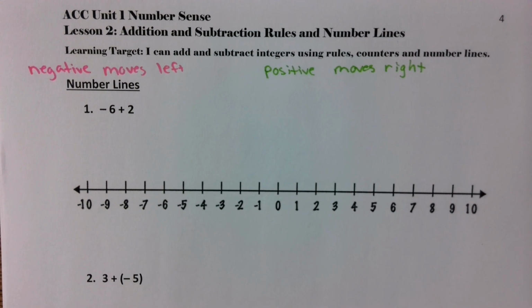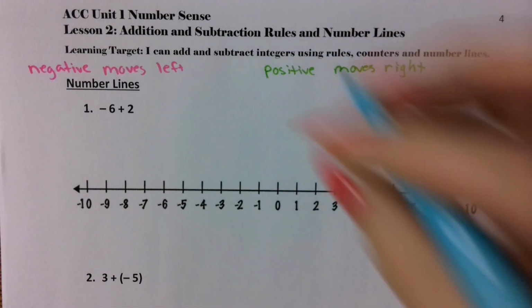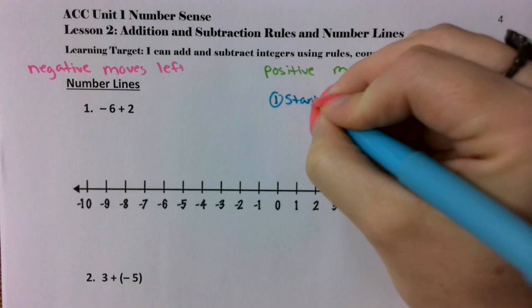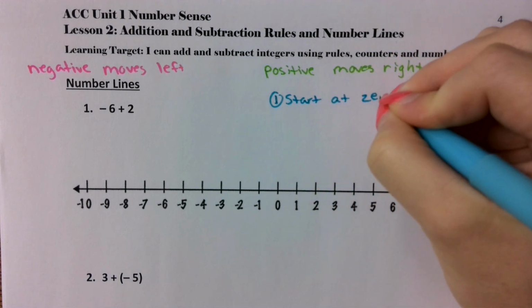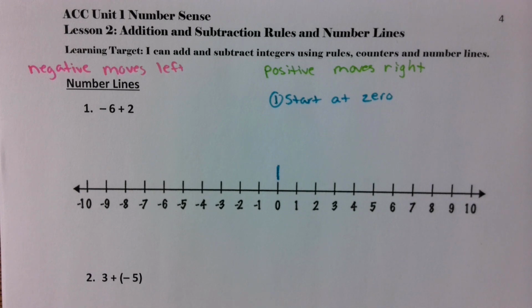When you are working these out, the very first thing that you're going to do is always start at 0. Whenever we are talking about a problem, we always start at 0 and then we move in a direction. So very first point: start at 0. I'm going to draw a little line right here that shows me starting at 0.